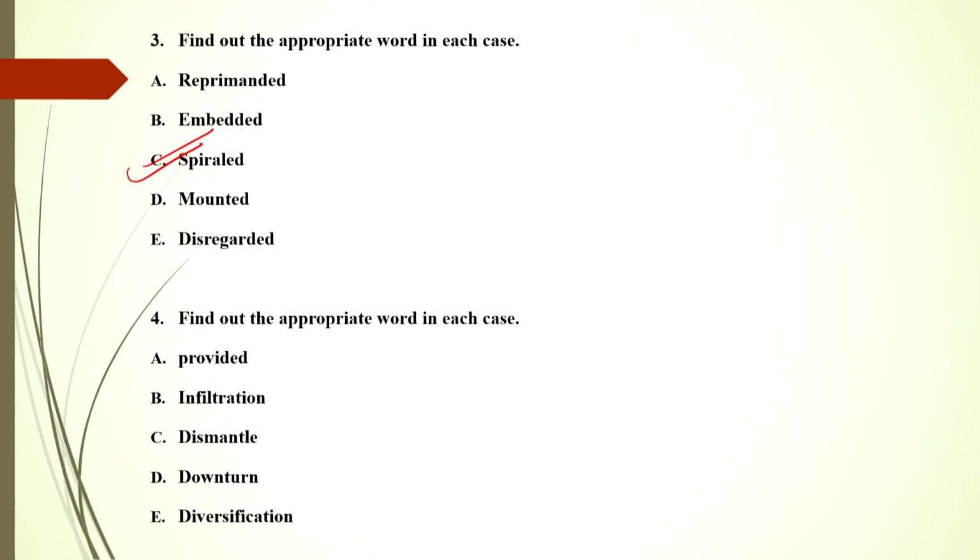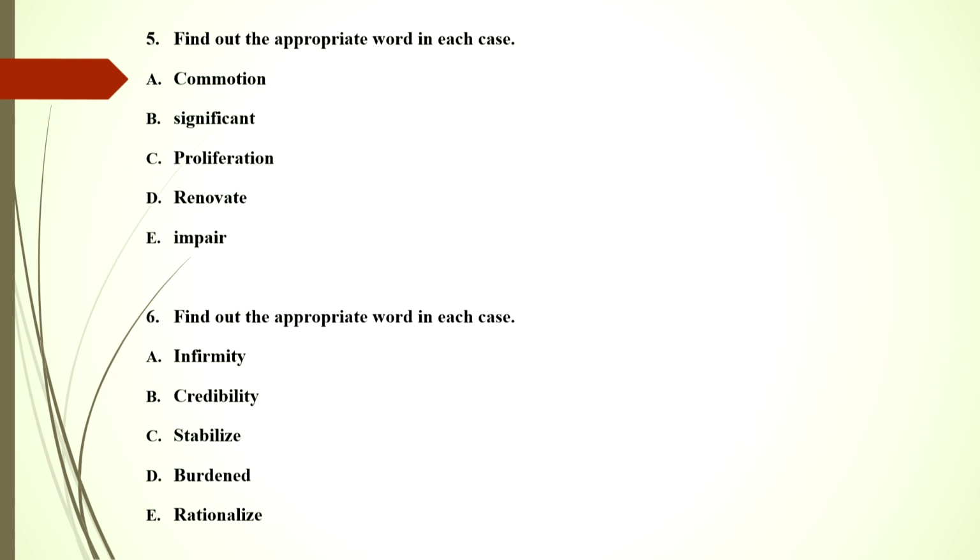Hence, the most befitting word among the given options is downturn, which means a decline in economic, business or other activity. Hence, option D should be the right answer choice. So, is it clear? Now, coming to question 5, option C is the correct answer choice.